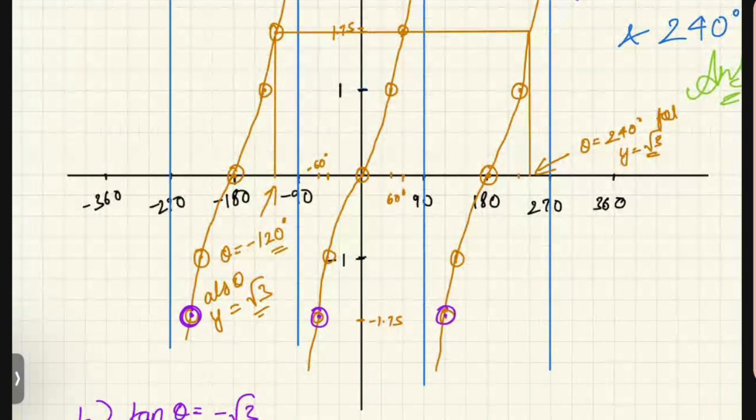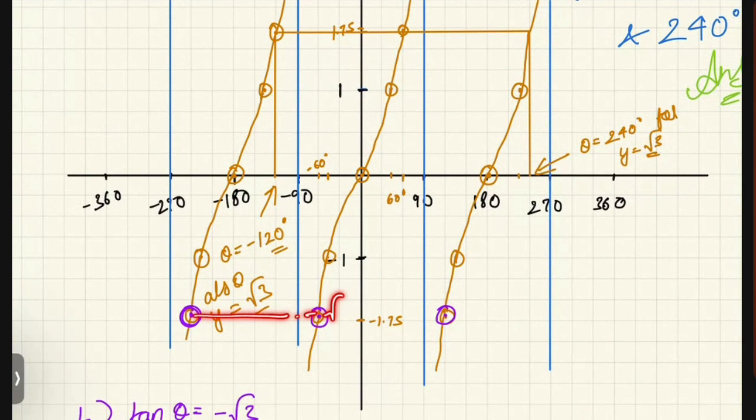Okay. This is minus root 3 by 2, yes or no? Yeah, it is. If I just drop a horizontal line, isn't this minus root 3 by 2? It is, correct? Sorry, this is minus root 3, not root 3 by 2. This is minus root 3, yes? Yep. You need to find theta.